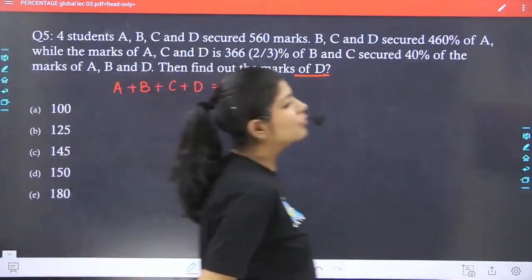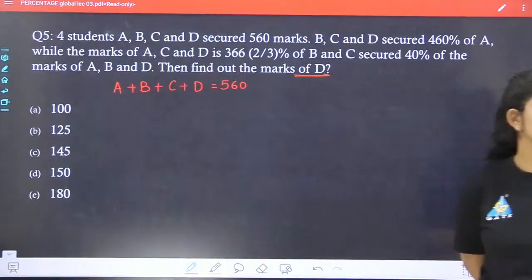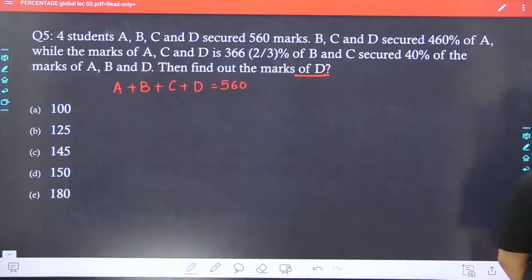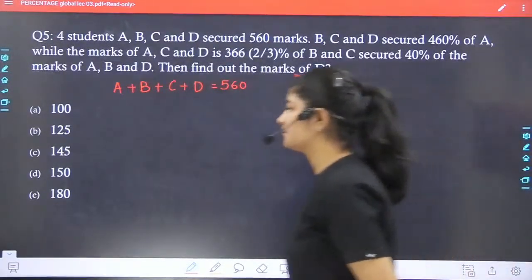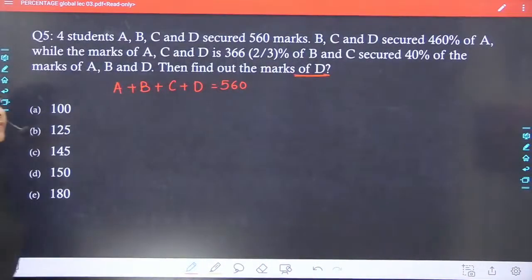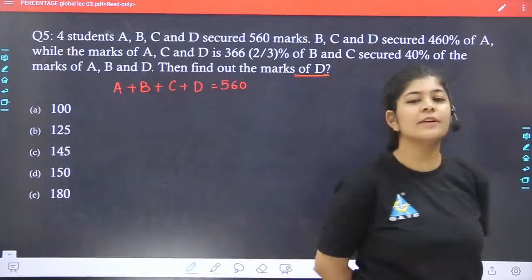Now we have to calculate the marks scored by D. How do we calculate the marks of D?